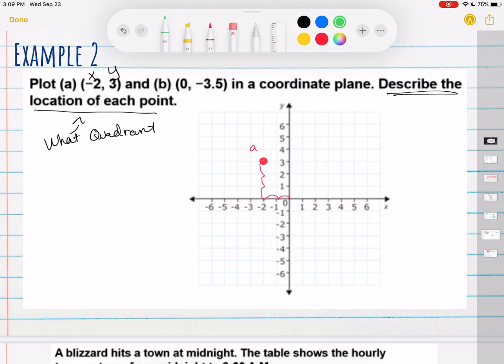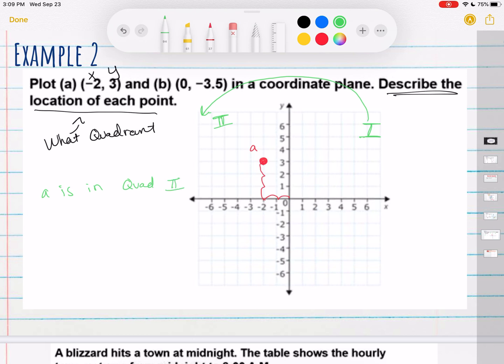Remember, the quadrant you're used to is 1 right here. And as we go counterclockwise, we increase. So that's quadrant 1, so this is quadrant 2. So we plotted point A, and A is in quadrant 2.